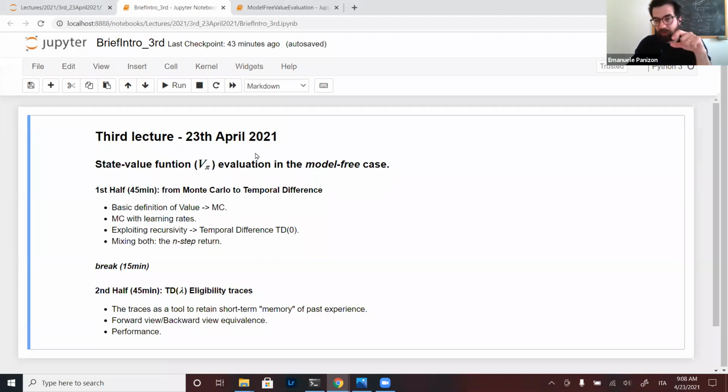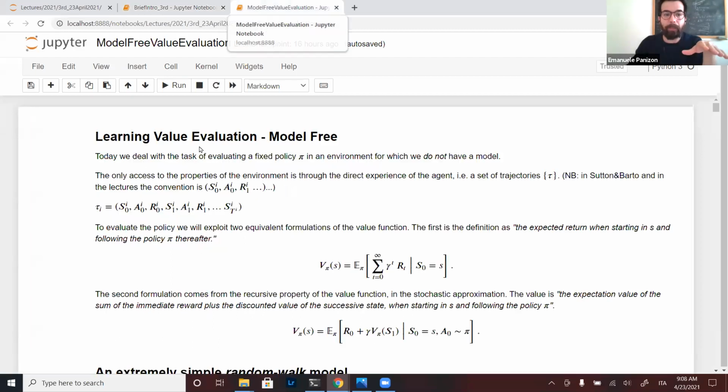I left some parts blank, and you can decide whether I give you a very short period of time to think about how to fill those blanks, and then I give you the solution, or we can just skip it and I will provide the solution. In any case, after the lecture, everything will be available to you. Okay, so let's start.